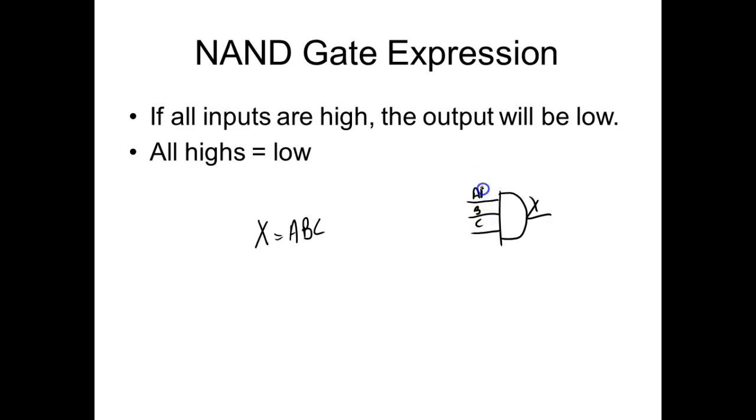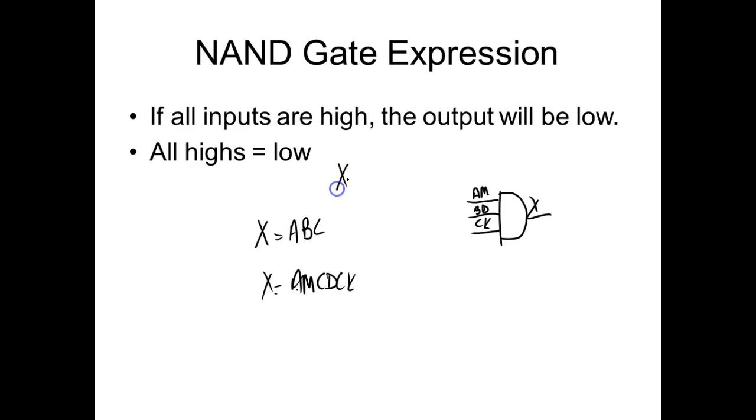But if this signal right here was called AM, and this signal was called BD, and this signal was named CK, then if I put X is equal to AM, BD, CK, you would think that would be a gate that had 1, 2, 3, 4, 5, 6 inputs on it.